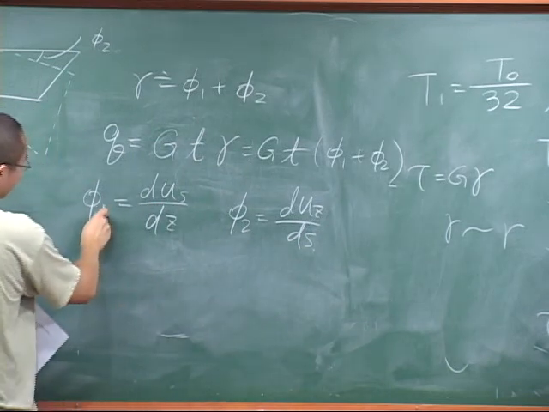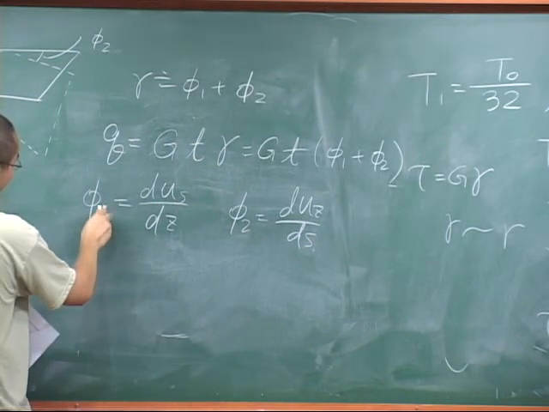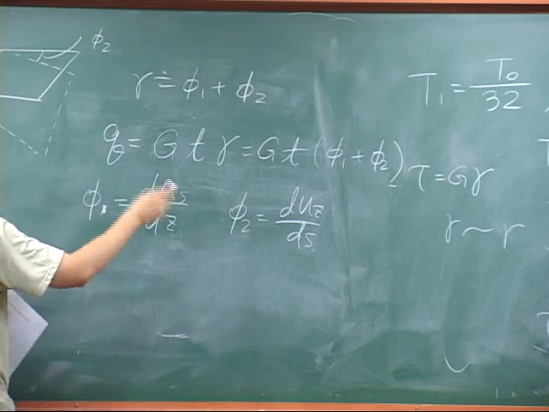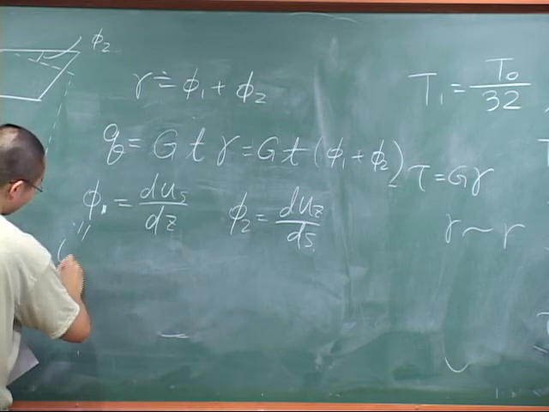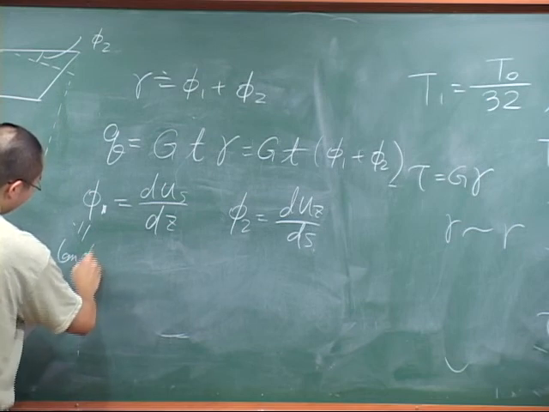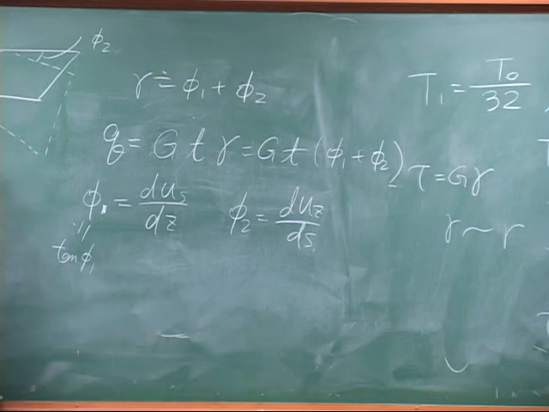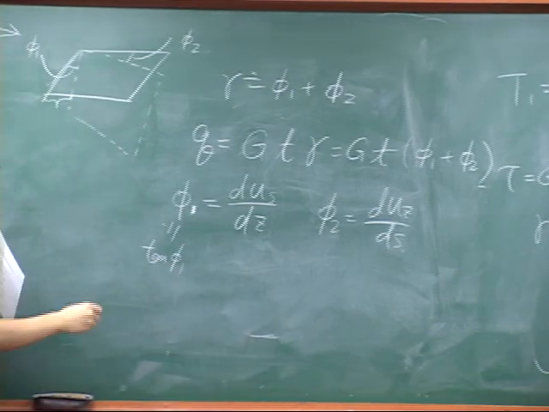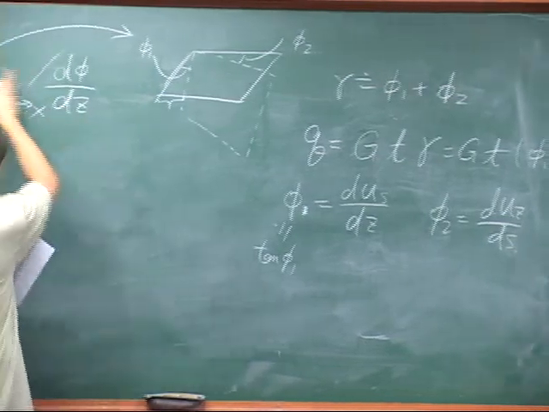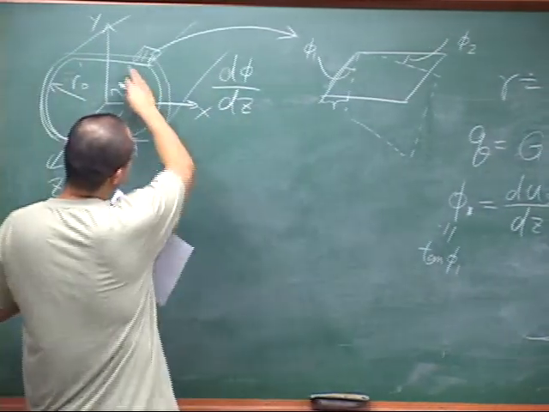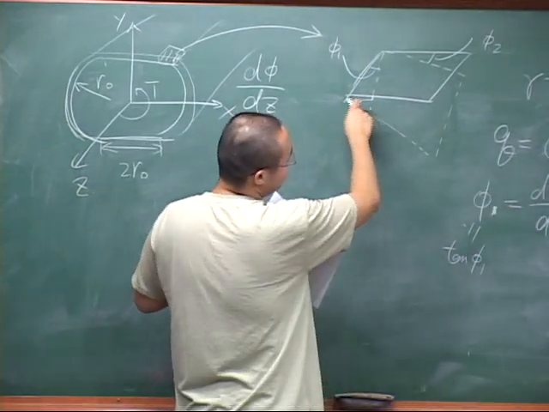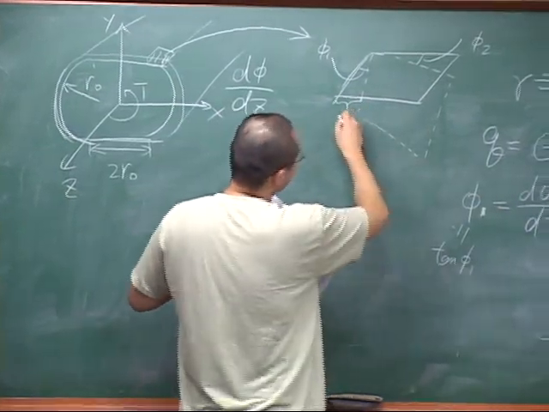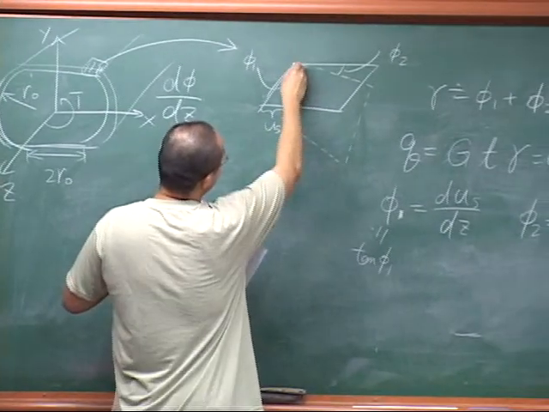So phi 1, for small deformation, is approximately equal to tangent phi 1, which is defined by this displacement along the curve. We use u_s to represent its displacement, so it equals u_s divided by what?